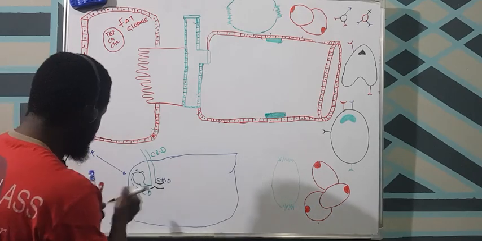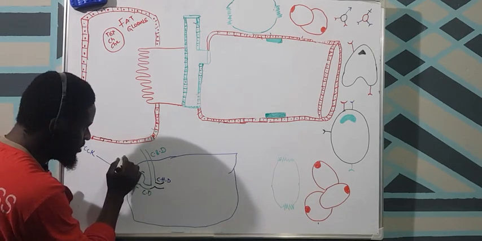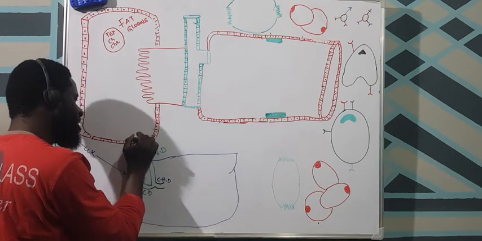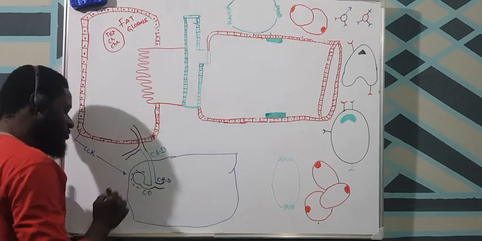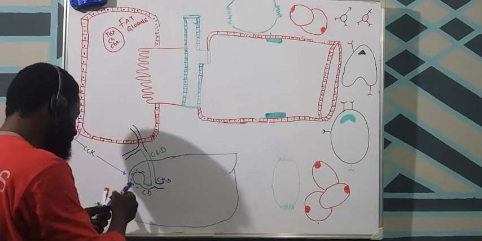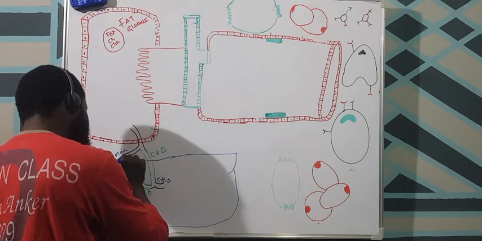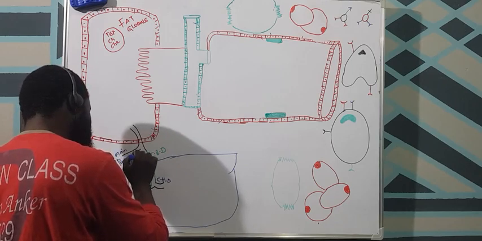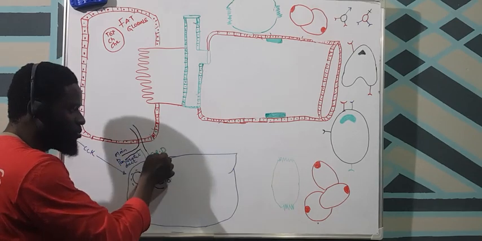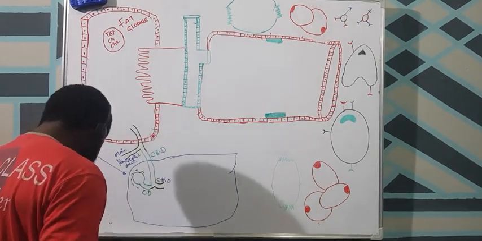Let's say the duct is coming from the pancreas close to the intestine. So it fuses with this and goes directly into the intestine, forming the hepatopancreatic ampulla. This is called the main pancreatic duct, which fuses with the common bile duct to form the hepatopancreatic ampulla or the hepatopancreatic duct.